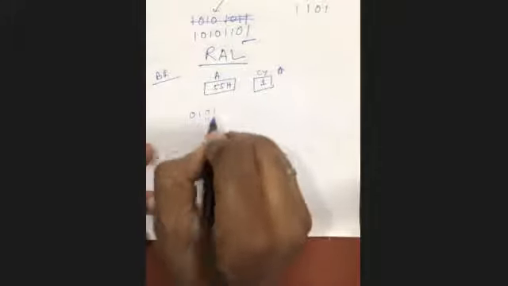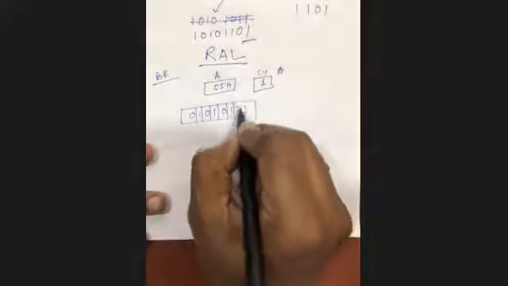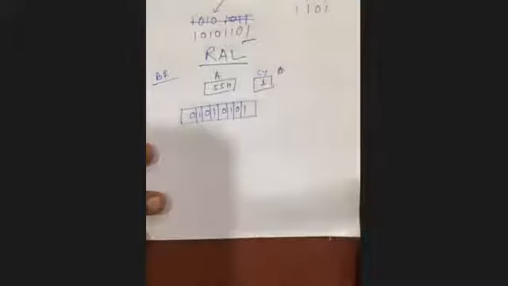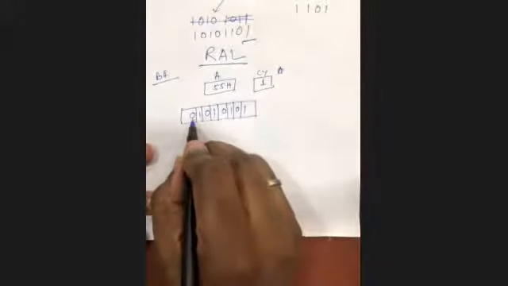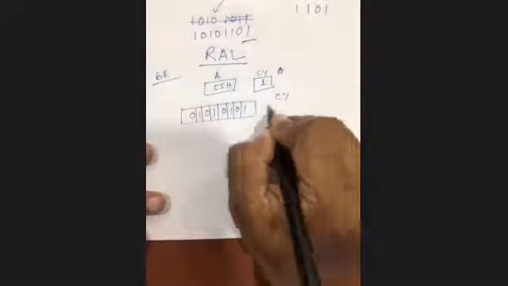0 1 0 1 0 1 0 1, right? It's the content of the accumulator, and the carry flag is also 1. What will happen?